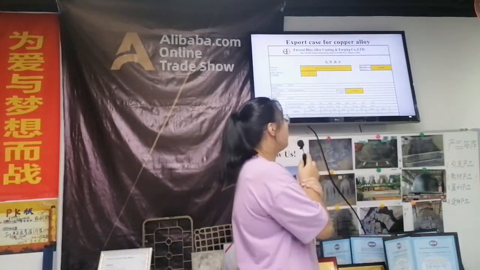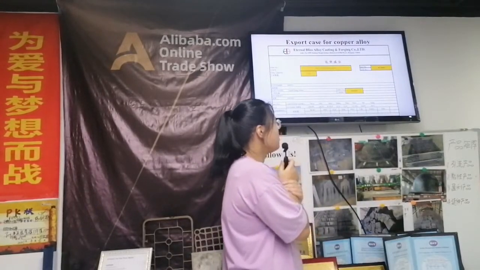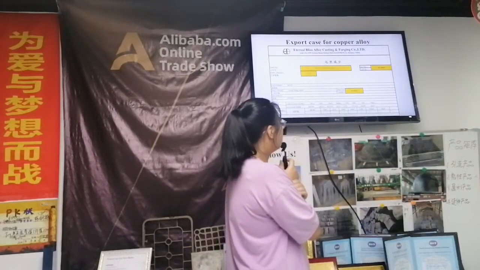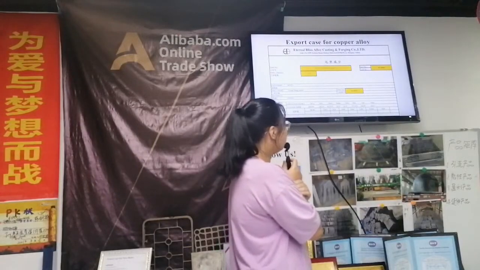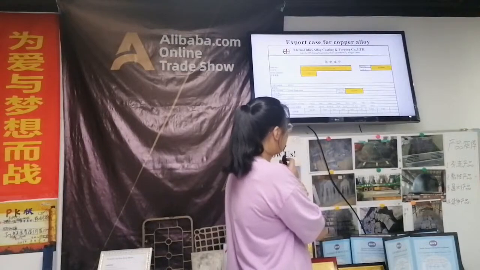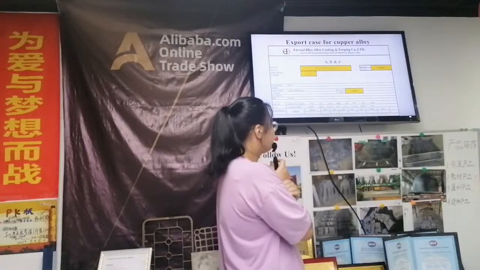Next, test report. This one is chemical composition test report for copper alloy. The material is C95210. You can see the copper content is 86.84.